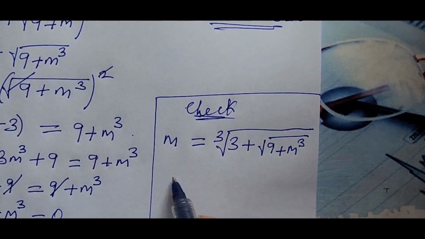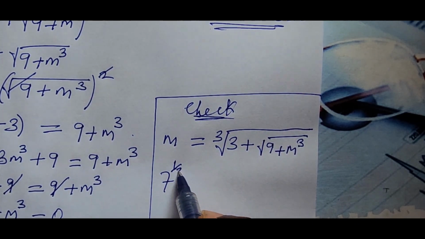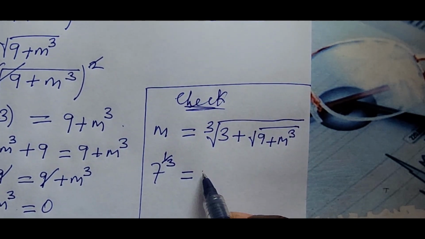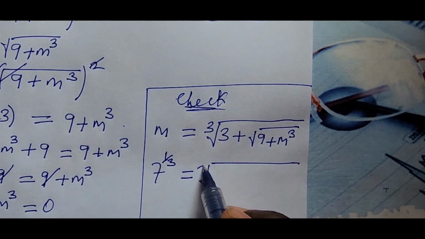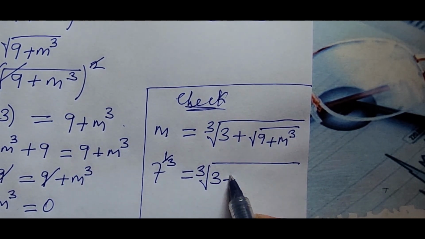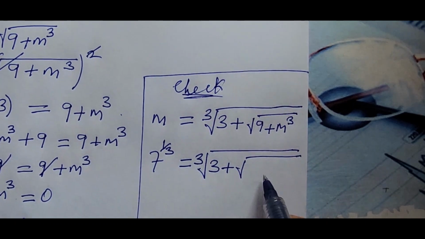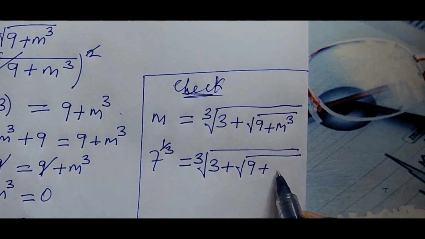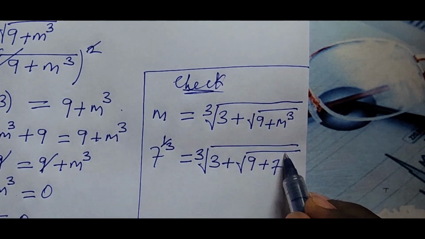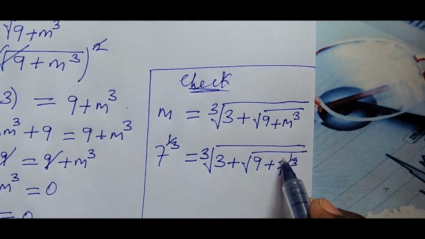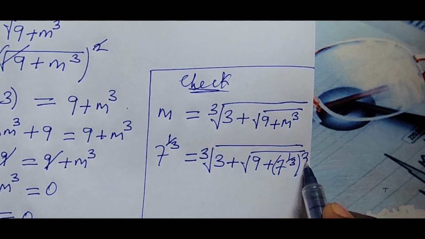So if we substitute, this is going to give us 7 to the power of 1 all over 3 is equal to the cube root of 3 plus the square root of 9 plus 7 to the power of 1 all over 3, all raised to the power 3.